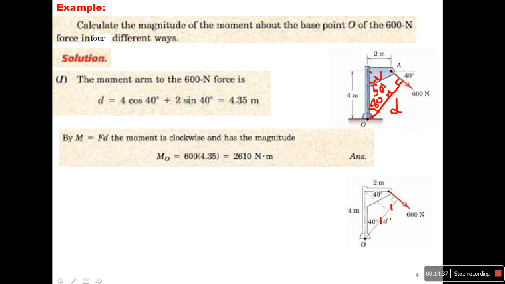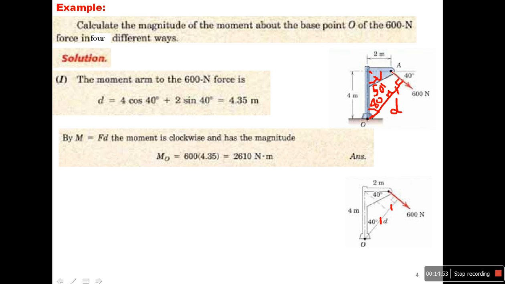Now, if I get the length of this part and the length of that part, I can get D. How can I get the length of this part?